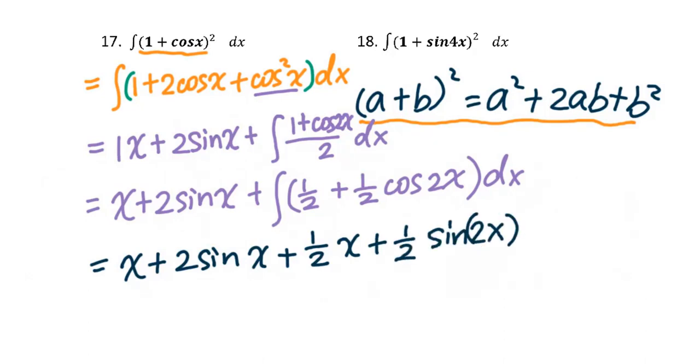This time you have to multiply by 1 over a is 1 over 2, then plus c.